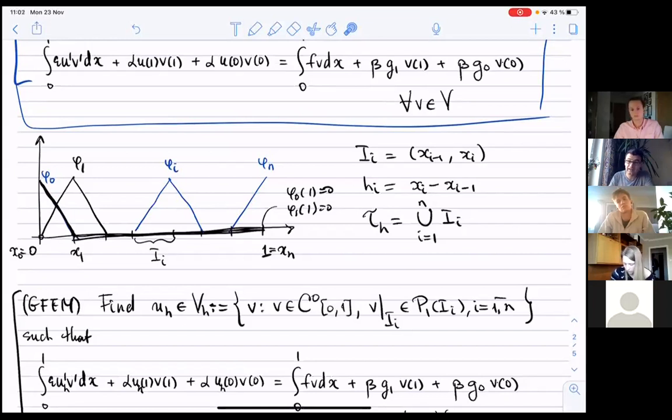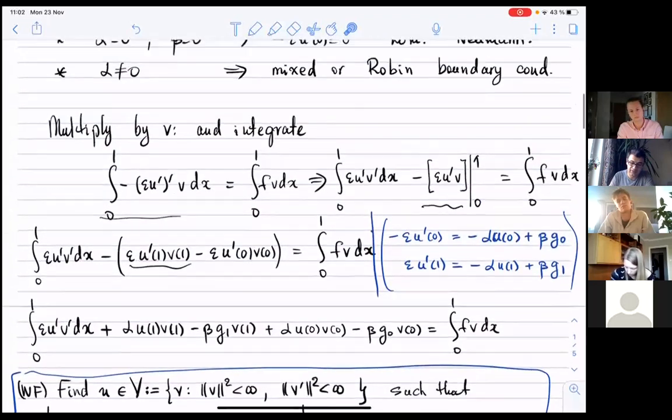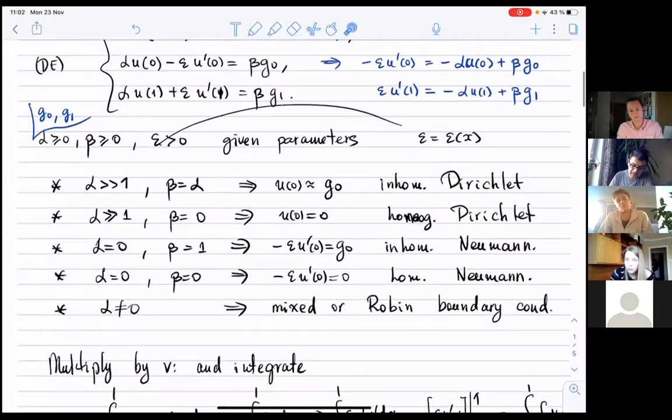So in practice, when you write the program, it's easier to include all the boundary terms. You assume that you have Robin boundary condition or mixed boundary condition, for example, here.